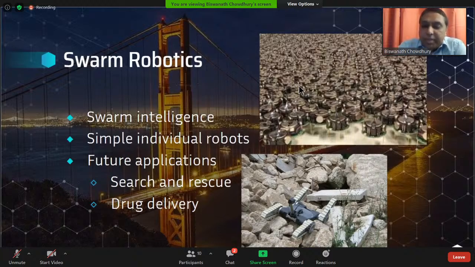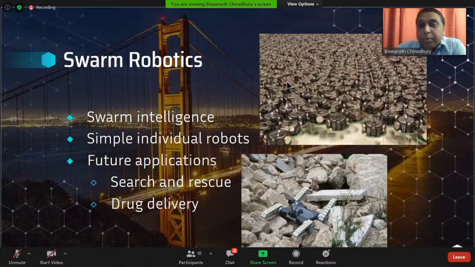So the benefit of this technology is that no piece of hardware is very complex or essential for the swarm to function. For this reason, such technology can be implemented for applications like search and rescue, or on a smaller scale for drug delivery in the body.